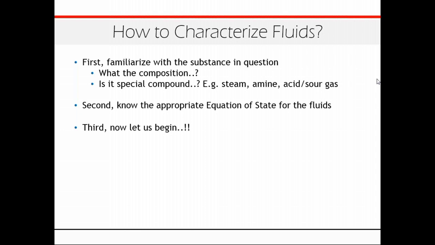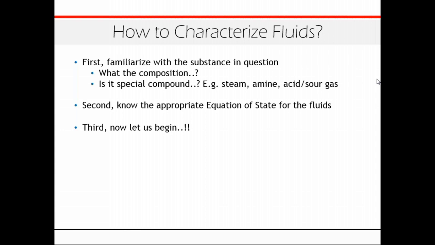If, for instance, it is a mixture of chemicals that we will be working with in the simulation, we first familiarize ourselves with it, what properties it exhibits. Then we look at the composition, the components of that particular fluid or substance. In this case, we are dealing with oil and gas, so our major focus in the simulation here is crude oil.